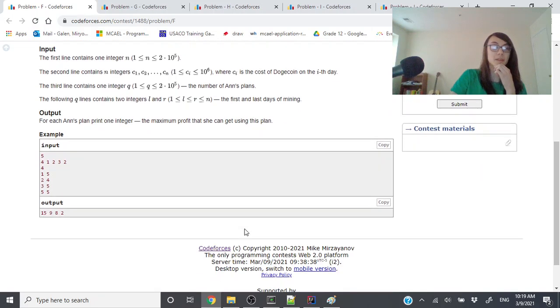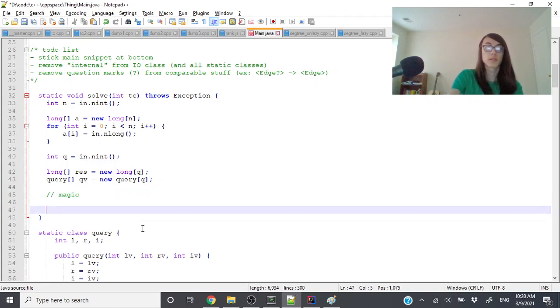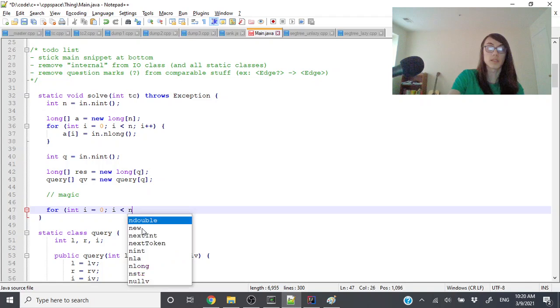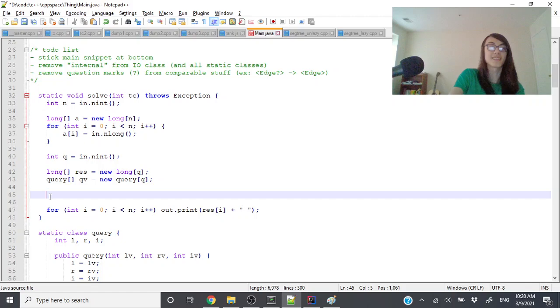We're already deep in the rabbit hole now. So, magic. For int i equals 0, i less than n, i plus plus, out.print res i plus space. That would be the plan. Alright, let's do magic now. So that was kind of anticlimactic.